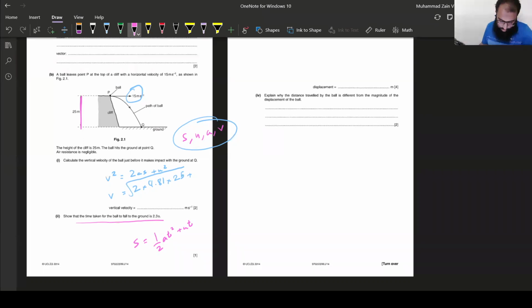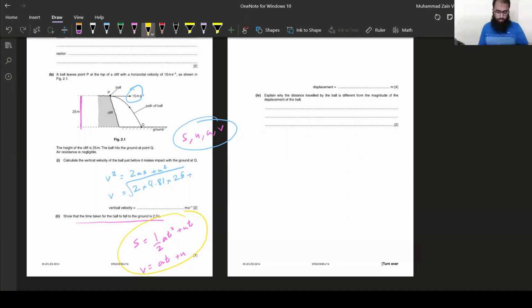So you can use these 4 values to find the time. This formula is applicable, as well as the formula v equals at plus u. Either of these would work because we know the displacement, the acceleration, the initial velocity, and the vertical velocity. So use any of these formulas and you'll get the answer, which would be equal to 2.3 seconds.